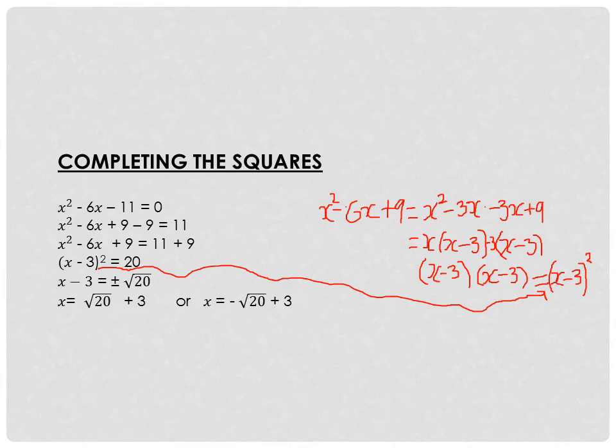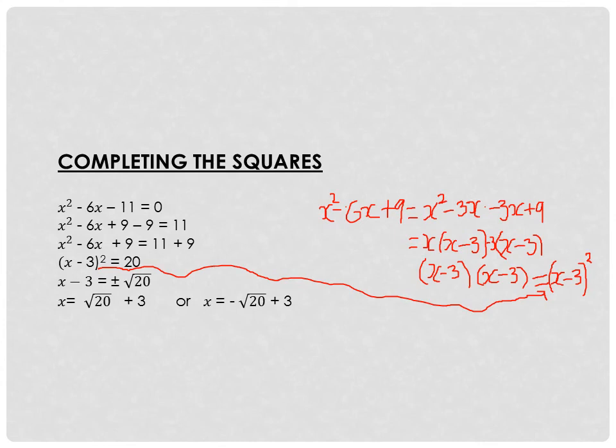I repeat, we find half of the coefficient of x, which is negative 6, so half of negative 6 is negative 3. Then after getting negative 3, we find the square of negative 3.